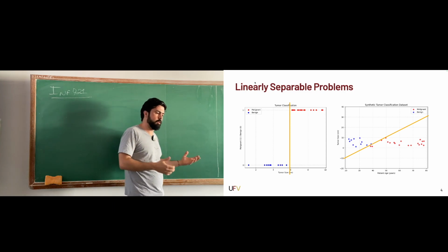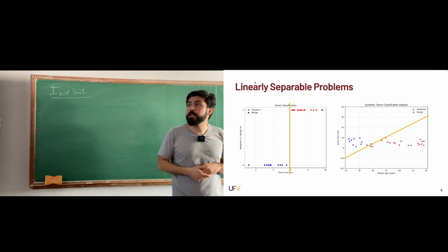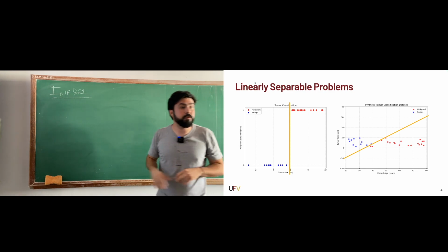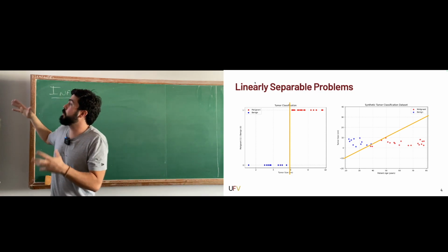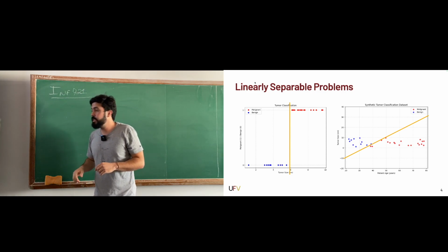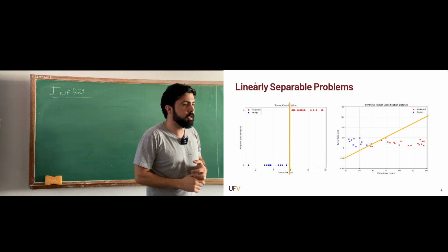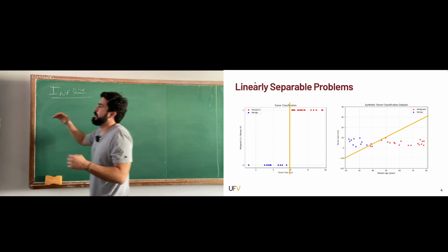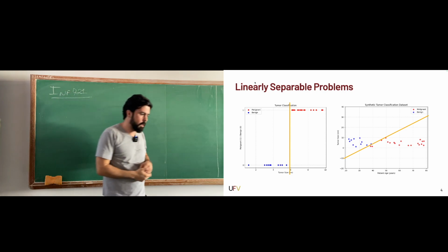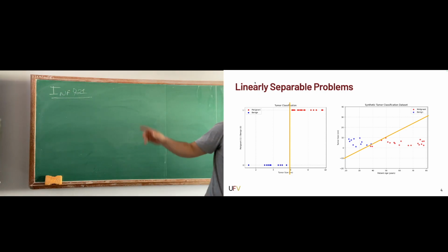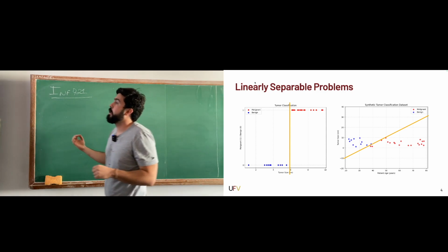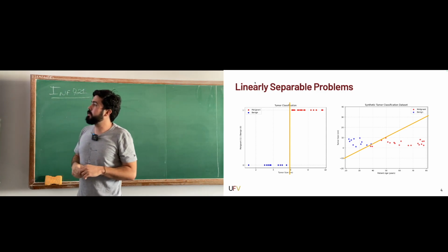For example, we can use logistic regression here. And in both cases, it would find this line that, if you remember from last lecture, we call the decision boundary of the model, which is the line that separates one class from the other. And remember that even though logistic regression uses the logistic function, which is nonlinear, it has a decision boundary that is linear.